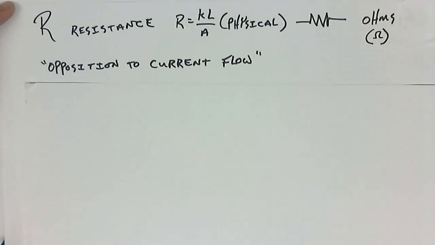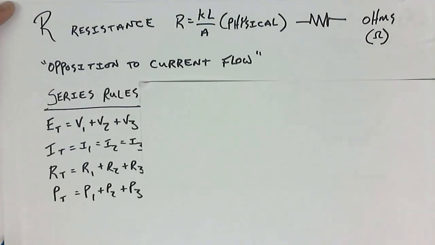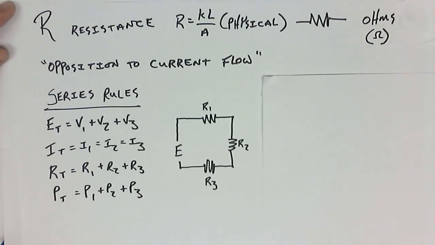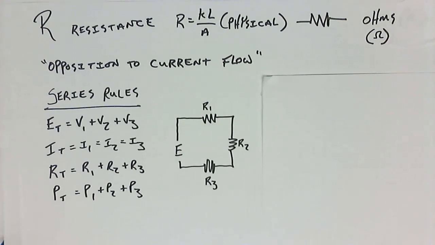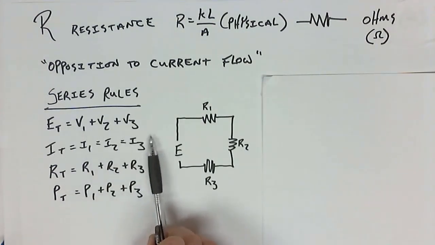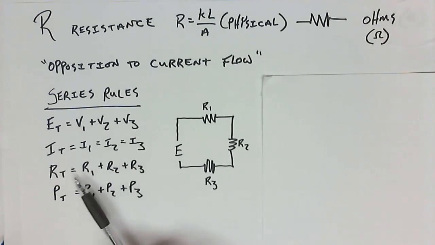So when we start looking at a series circuit like this, where we have R1, R2, R3, all four of these equations should be correct. We already know the series rules: V1, V2, V3, I1, I2, I3, R1, R2, R3, P1, P2, P3. Good.